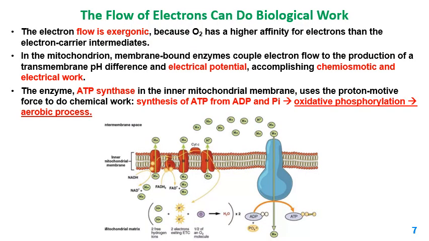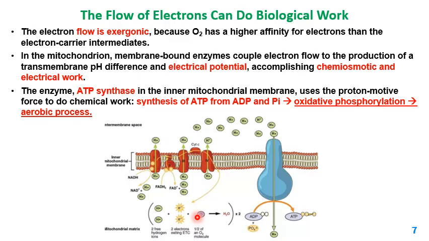Okay, so this is the part here that is also interesting. With your electron flow, after complex 4, after you have pumped your protons into the intermembrane space, you have to get rid of those electrons. And at this point, the electrons do not really have a lot of energy, okay?